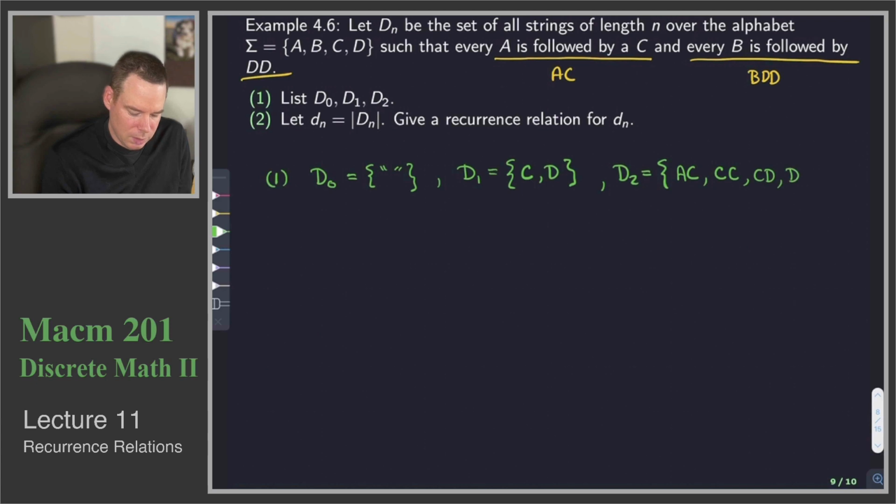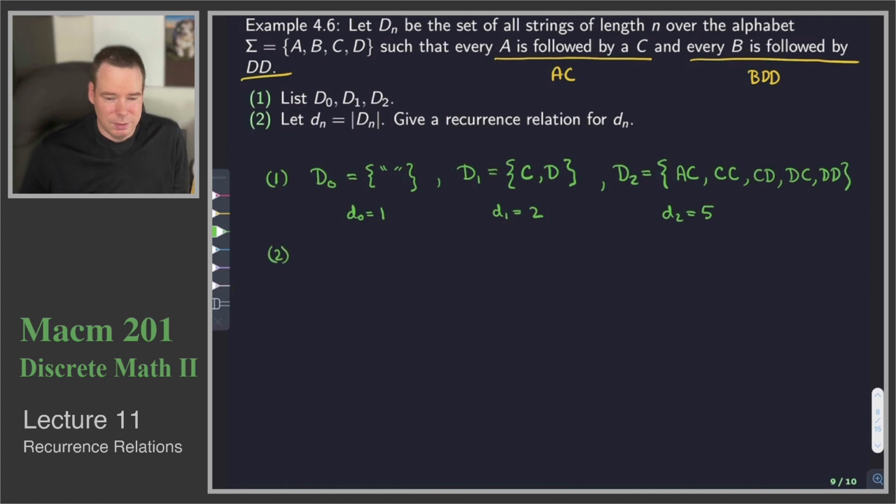What about if it starts with a D? Sure, it could go DC or DD. And so there's all our options. So what we have is D sub 0 is 1, D sub 1 is 2, and D sub 2 is 5. So here I've dipped a bit into question 2, which says let little d sub n be the size of the set D sub n.